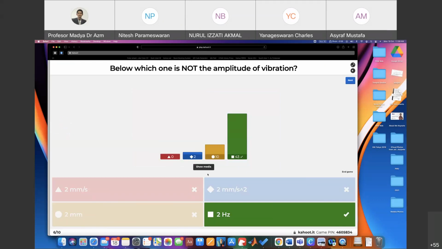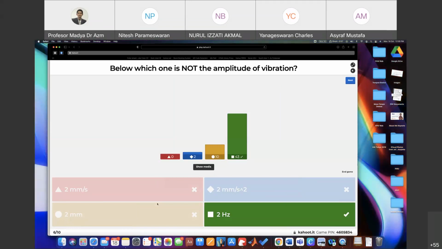Right. Masih ada juga yang salah. 10 orang jawab apa? 2 mm. Amplitude can be displacement. Millimeter per second can be velocity. Millimeter per second square can be acceleration. Kalau hertz ni maknanya dia frekuensi. So yang bukan, kan tanya yang bukan.